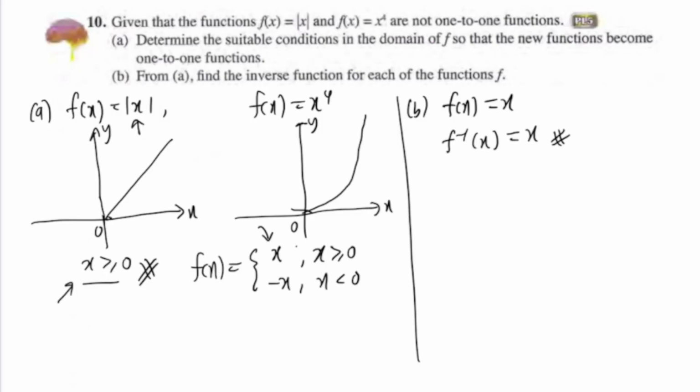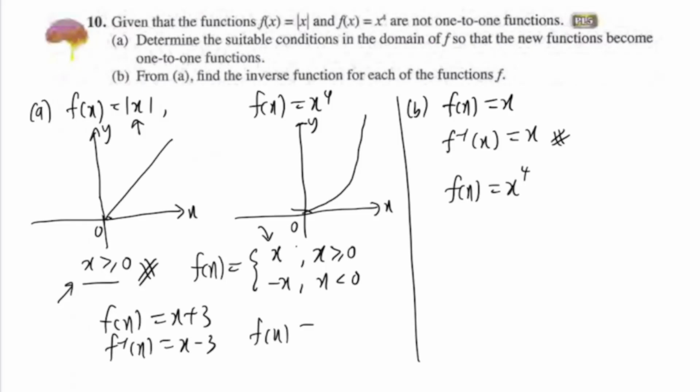How about x^4? For x^4, I think we don't need to show working. We know inverse means opposite. For example, f(x) = x + 3, what's your inverse? The opposite operation is x - 3. If I give you f(x) = 2x, your inverse is x over 2. If I give you f(x) = x^2, your inverse is just the square root of x.